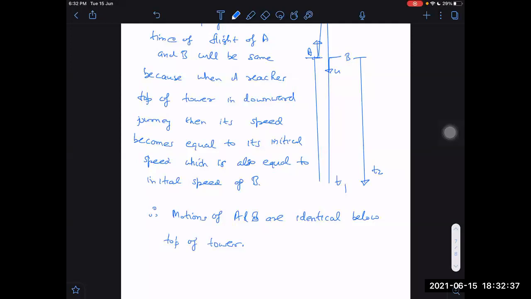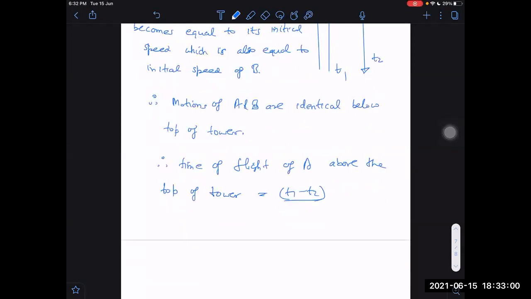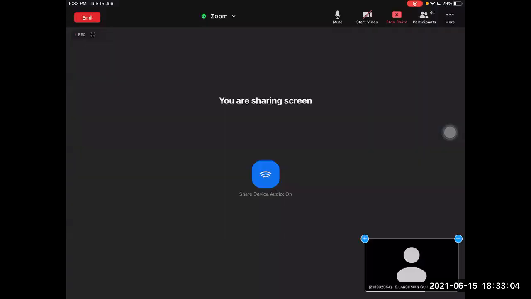So the time taken will be the same. Then what is the time of flight of A above the top? Above the top of the tower it will be t1 minus t2. Right or not? Yes, sir.